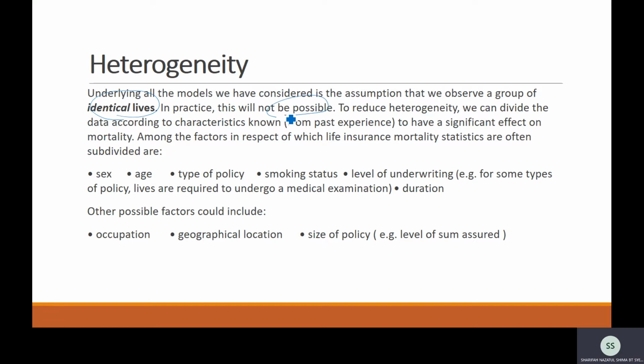So to reduce heterogeneity, we can divide the data according to characteristics known from past experience to have a significant effect on mortality.